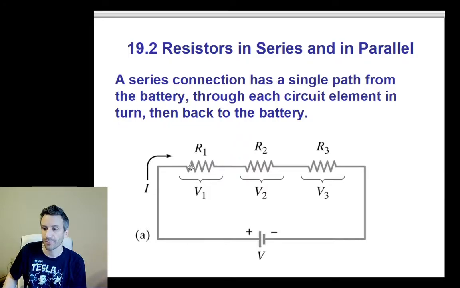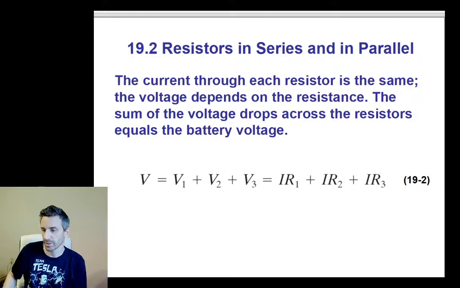If this one has the same current as the rest, so the value of I is the same, but the value of R is larger, then larger R equals larger V. So this would have a larger voltage drop across it. I'm going to make an analogy to make this more intuitive, but I want to talk about parallel circuits first before we get there.